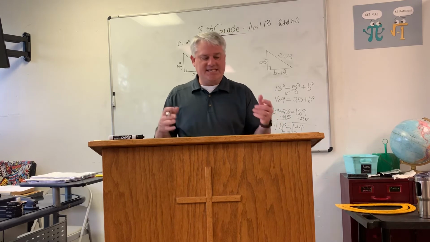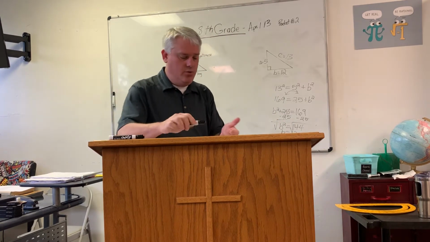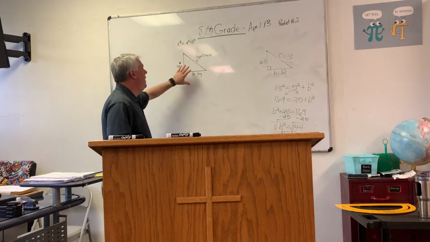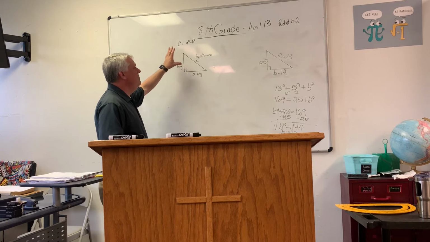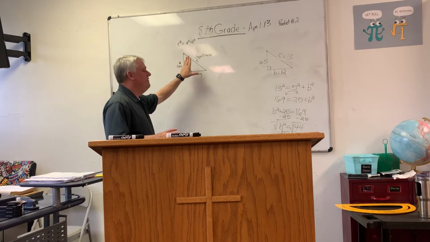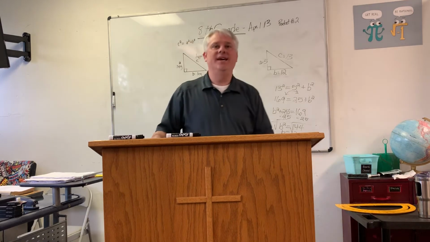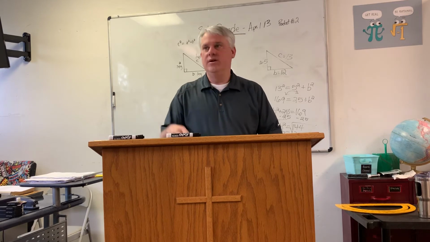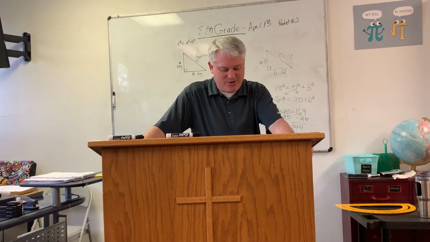All right, the next two lessons still continue to deal with the Pythagorean rule. And moving on from that, we deal with the right triangle, finding three trigonometric ratios. Okay, we're going to do two of them. We'll save the other one for later. The trigonometric ratios are the sine, the cosine, and the tangent.